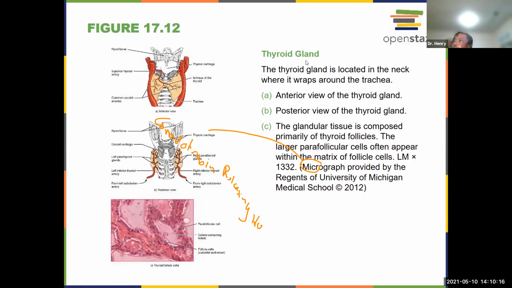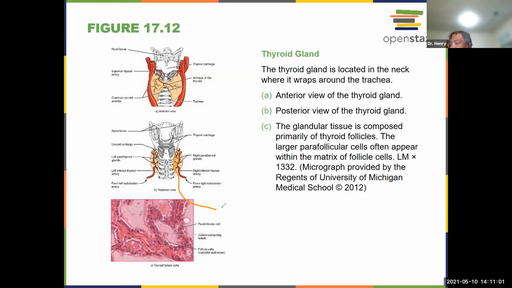Okay, so this is the thyroid gland, and it's located in the neck. It's wrapped around the trachea. If you see here, there are these little white dots. Those are the parathyroid glands.